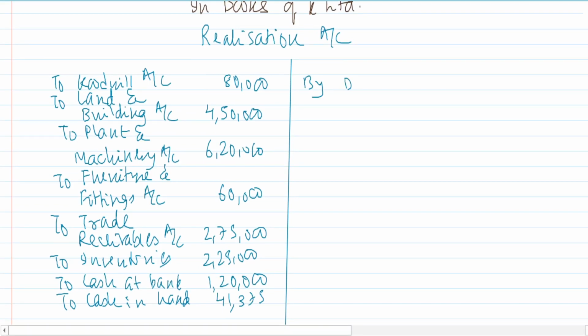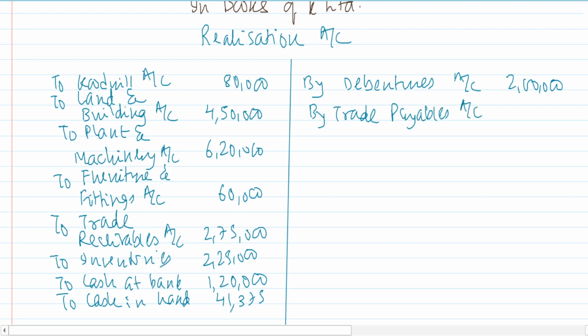So by debentures account, 2 lakhs. By trade payables account, 1 lakh. These are the only two liabilities in the books of K. So I have transferred the assets to the realization. I have transferred the liabilities to the realization.